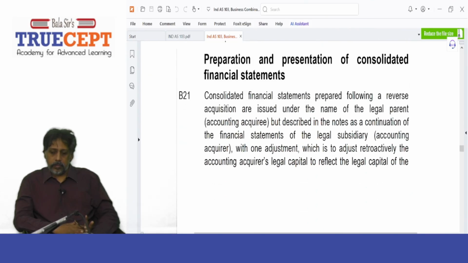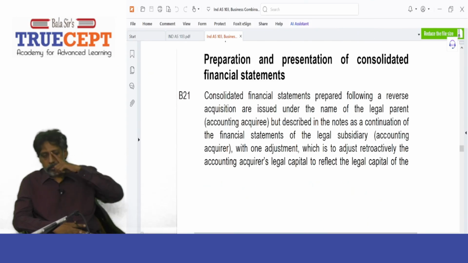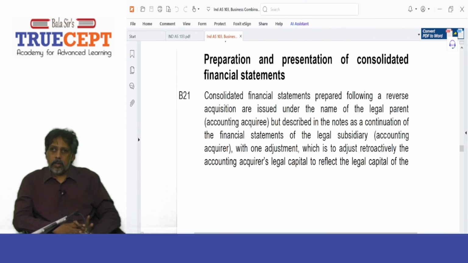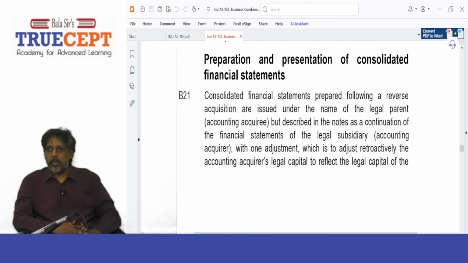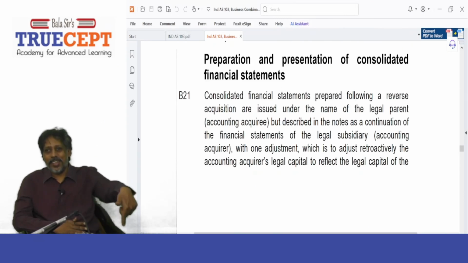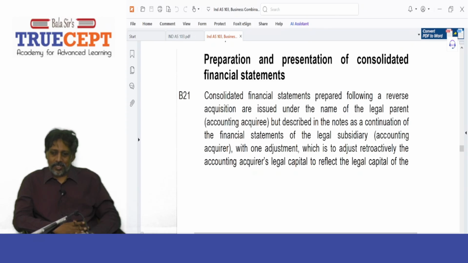Preparation and presentation of consolidated financial statements. How to go about a group financial statement going forward? Consolidated financial statements prepared following a reverse acquisition are issued under the name of the legal parent. Very important. Who is the legal parent? Entity A, the group on top, not B. Which is the accounting acquiree, but described in the notes as a continuation of the financial statements of the legal subsidiary.